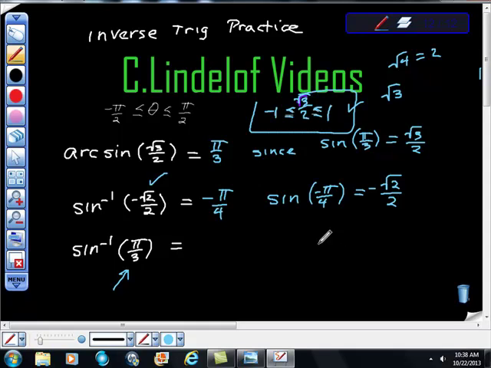I'm just doing that test. Is it greater than or equal to negative 1? Well, yes, that's true. Is it less than 1? No, because this is kind of 3.14 over 3, which is greater than 1, isn't it? So for this answer here, what I would write is not defined. This thing is not defined here.